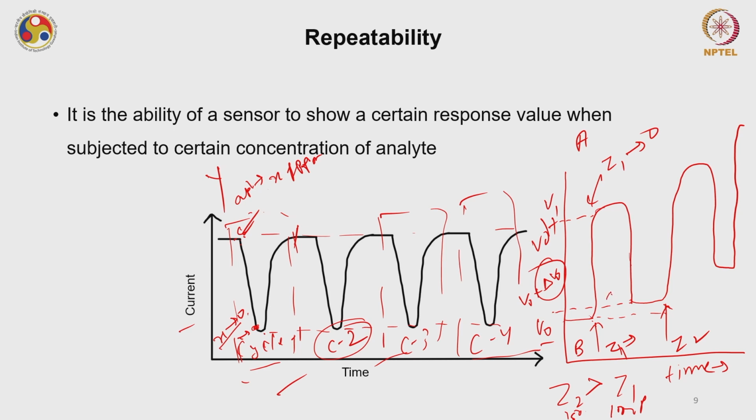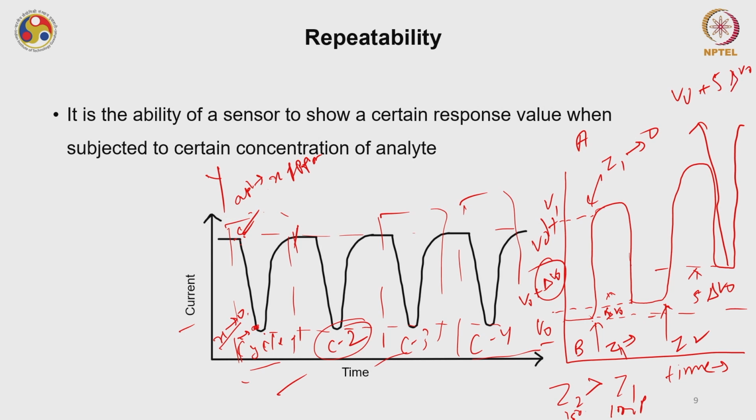Say this difference was delta V naught. Now the difference has further increased, say this is 5 delta V naught. The new baseline has become something like V naught plus 5 delta V naught.